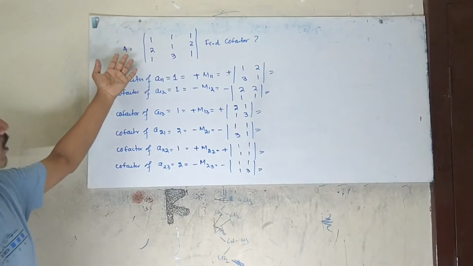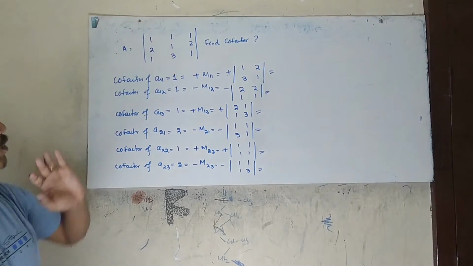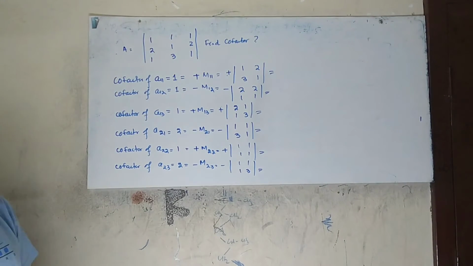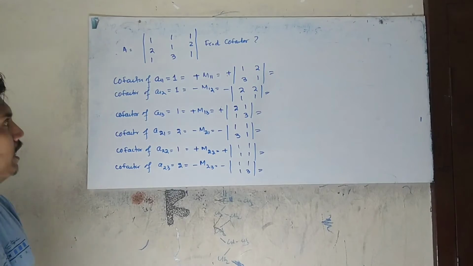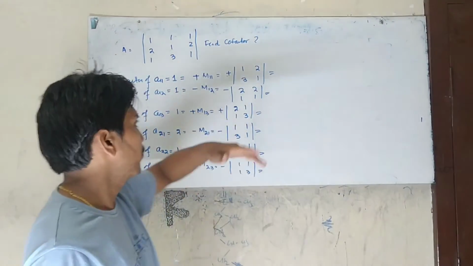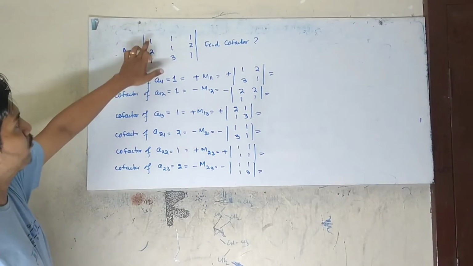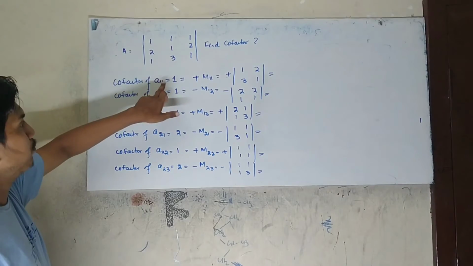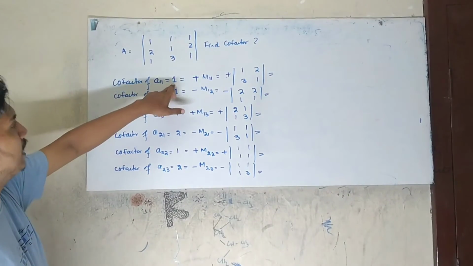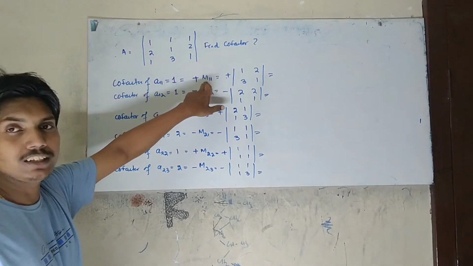Now look at this example. This is 1 1 1, 2 1 2, 1 3 1. This is a third order determinant, and the question is find the cofactor. How can you find the cofactor? First thing is the cofactor of A11. A11 is this one, the element is 1 and its sign is plus. So plus, and then the minor.